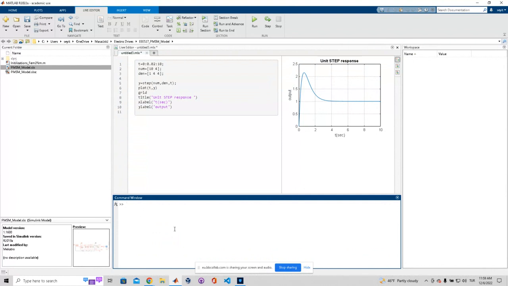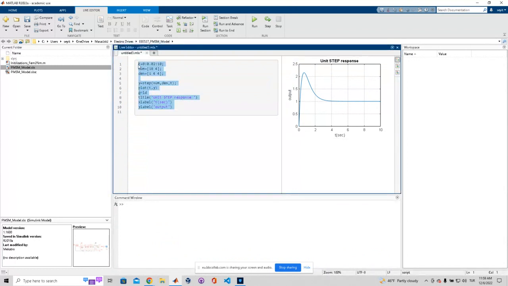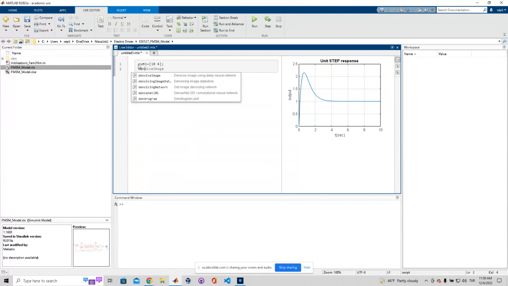Okay, now let's take a look at the ramp response. All right, how do we get the ramp response? Let's clear it first. Again, we're gonna define our numerator and denominator.